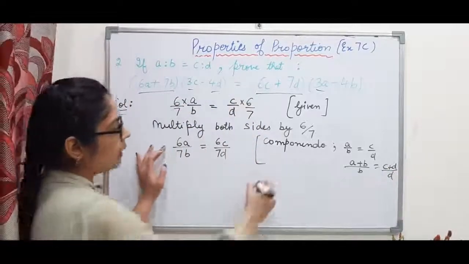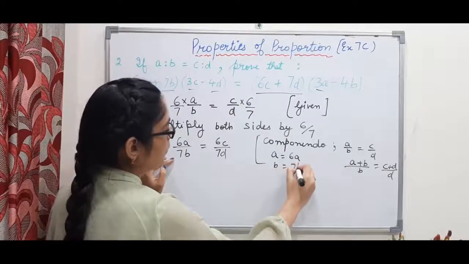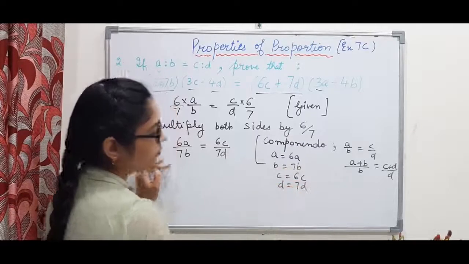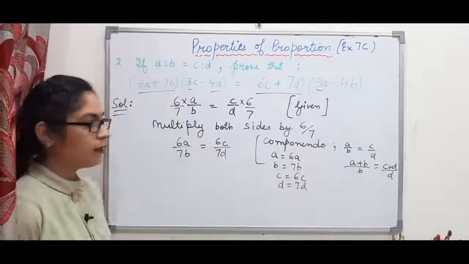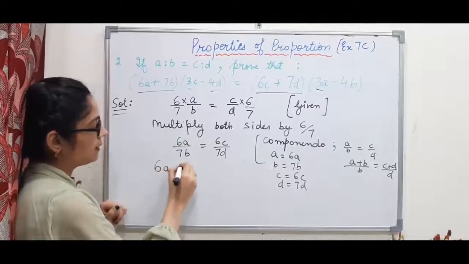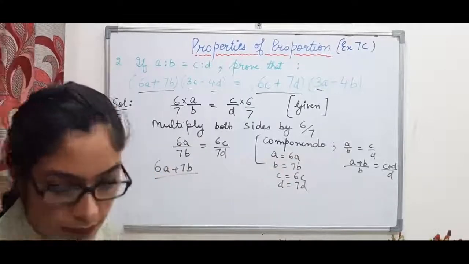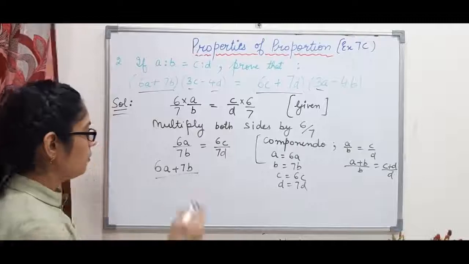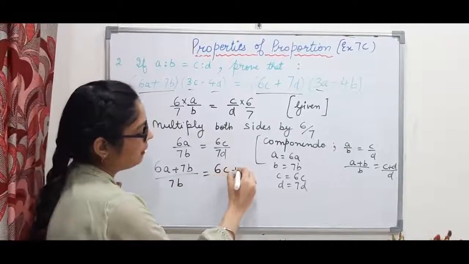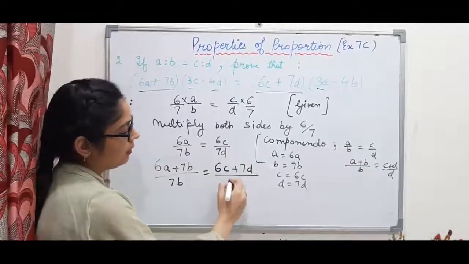Now I can write the values: a is 6a, b is 7b, c is 6c, d is 7d. So accordingly I have to apply the property. a plus b, that means 6a plus 7b by 7b, equal to 6c plus 7d by 7d, because c plus d by d.